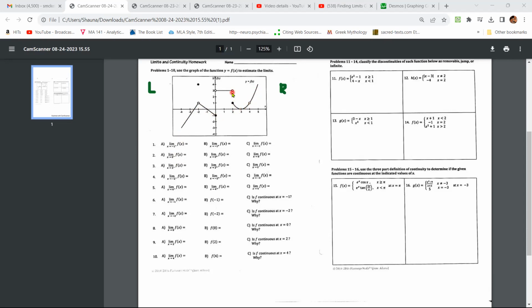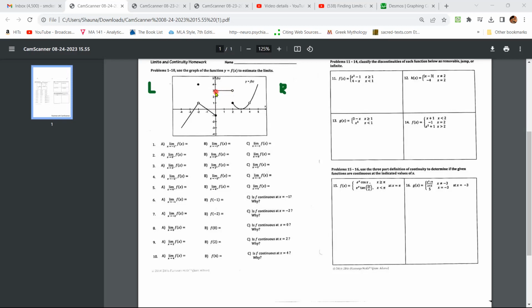Skip that. Now, I'm approaching 0. Here I am at 0, right? Because I'm on the x-axis. I'm at 0, correct? But where is my y here? It's at 3. You see that? Yes. You see the difference?